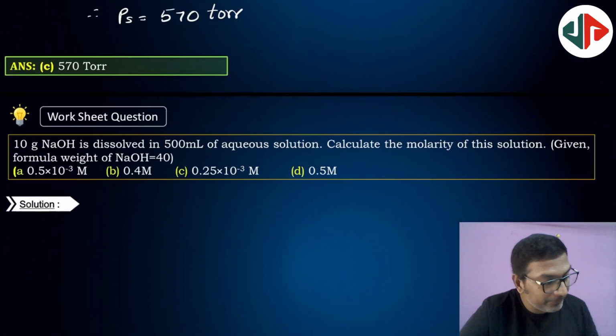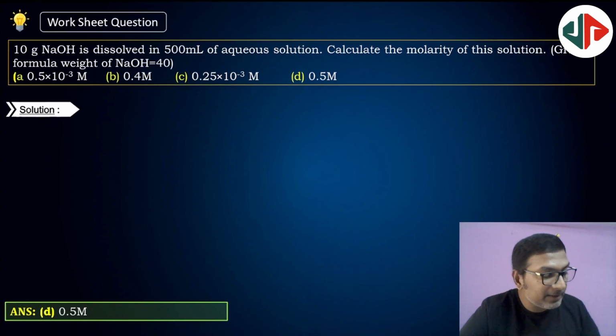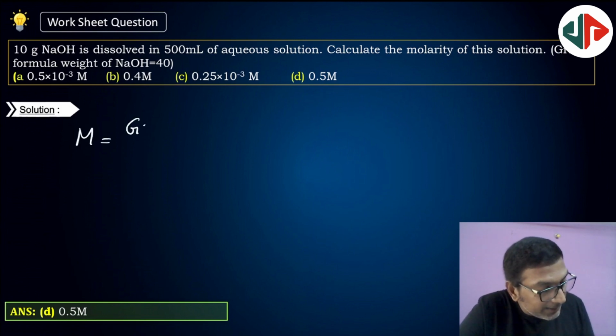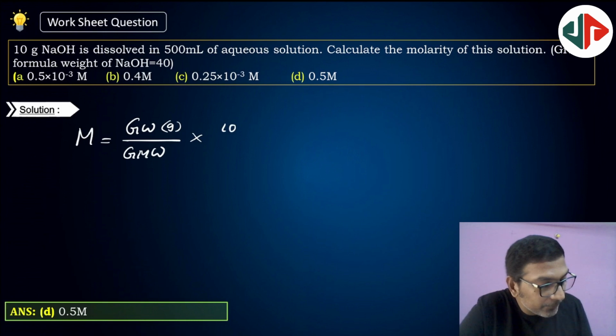Next, 10 grams of NaOH is dissolved in 500 ml of aqueous solution. So molarity is given weight of solute in grams by gram molecular weight of solute into 1000 by volume of solution in ml.